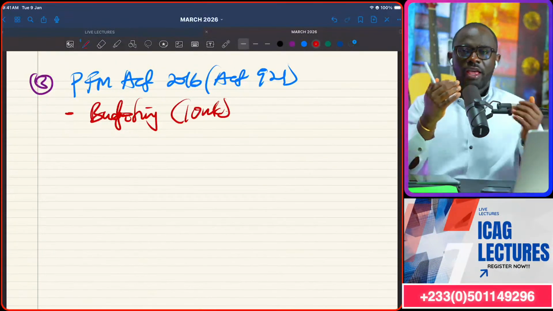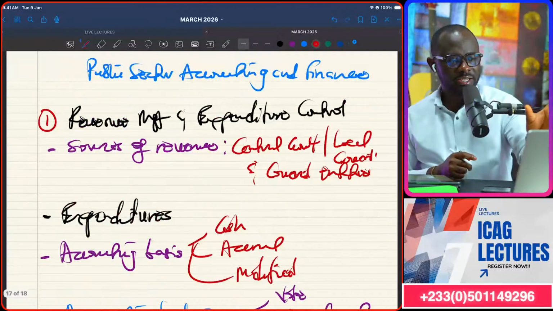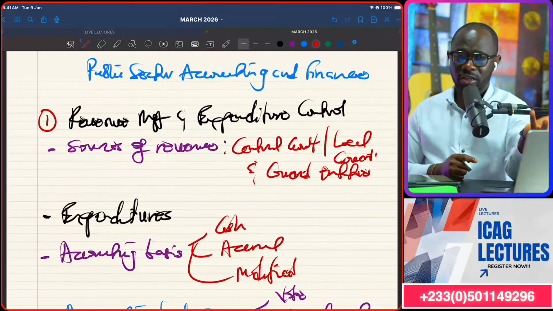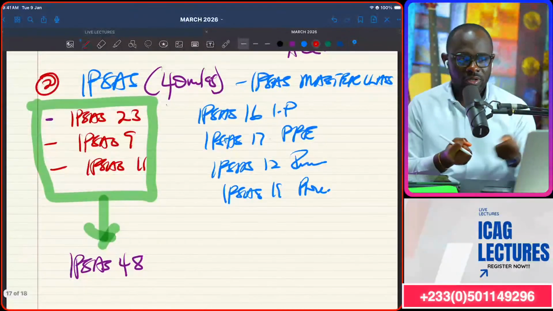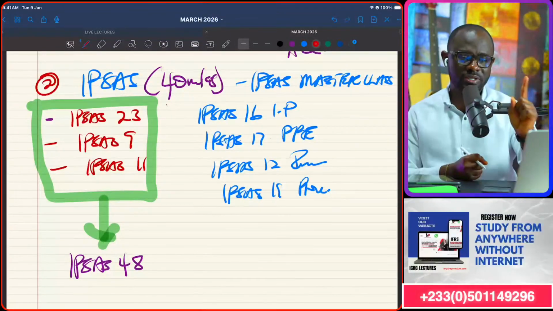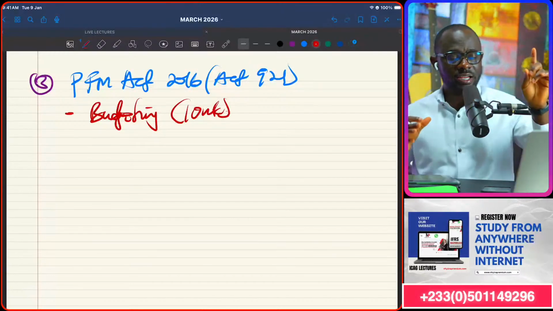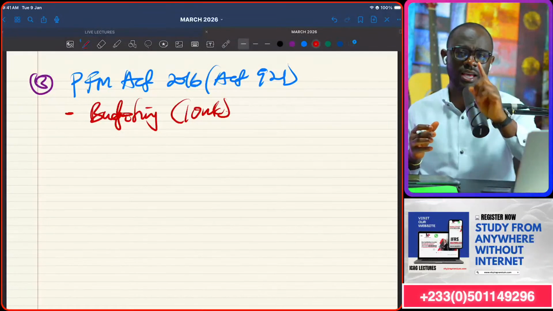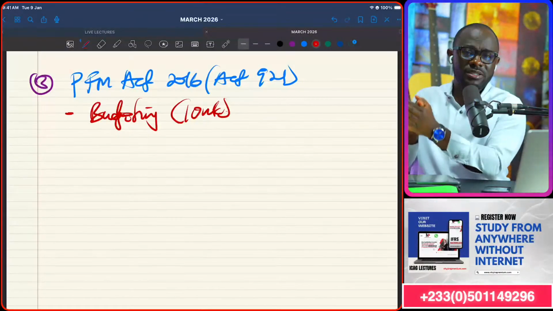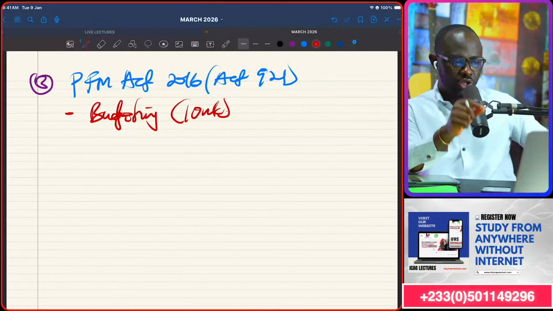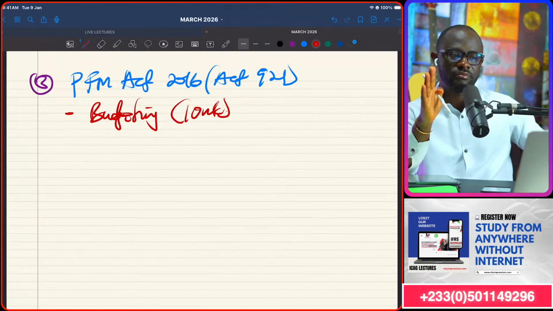Listen, if you can get yourself into the position where you really understand everything under revenue management and expenditure control, you really have a strong grasp of the IPSAS, that is International Public Sector Accounting Standards, and you really familiarize yourself with a lot of the things in the Public Financial Management Act 2016, Act 921, that relate to the public sector examination and the public sector syllabus, listen, you will go to the exam hall and pass the public sector examination.